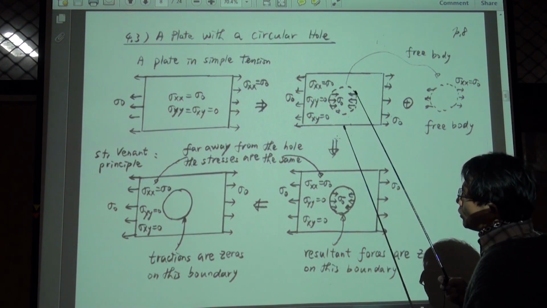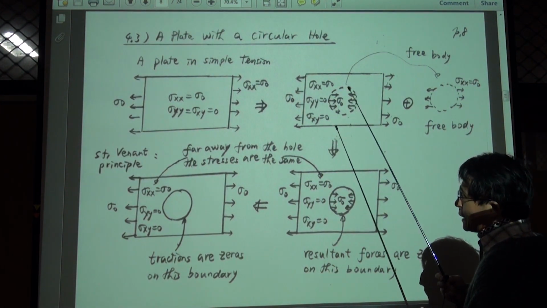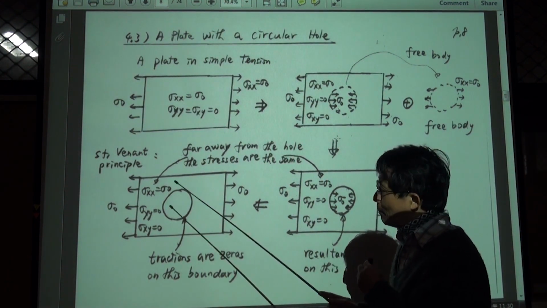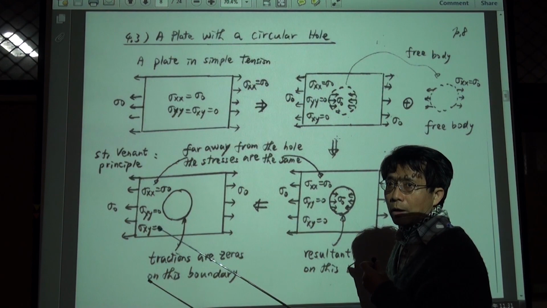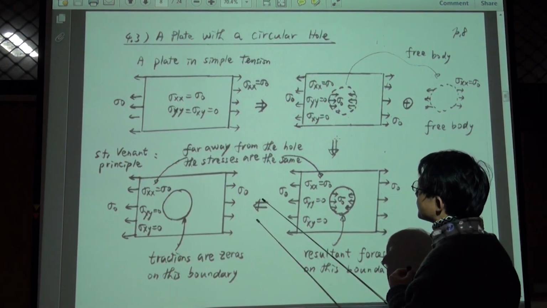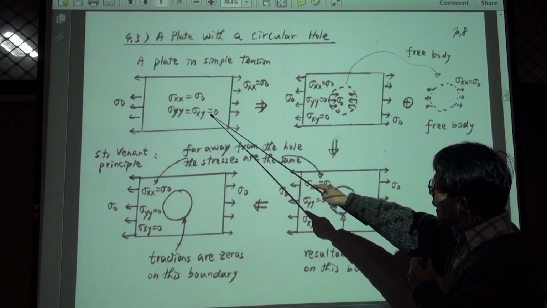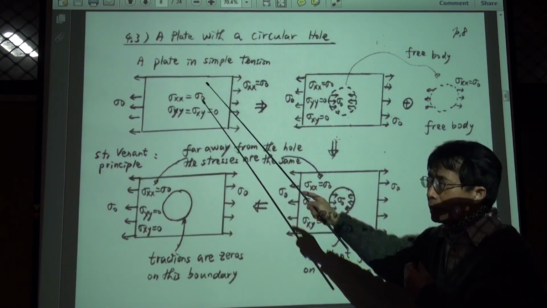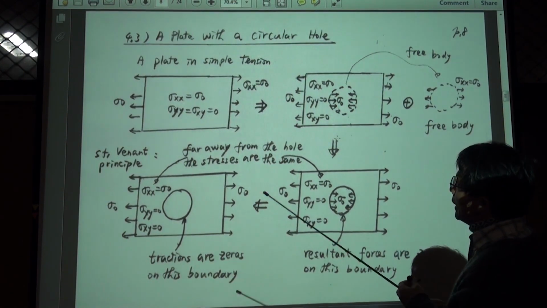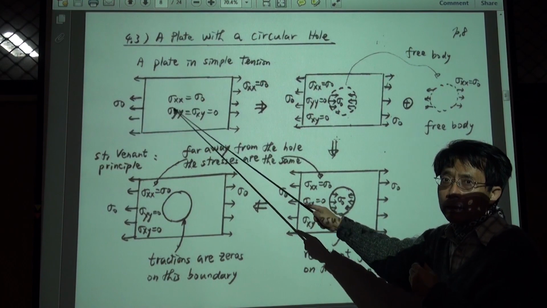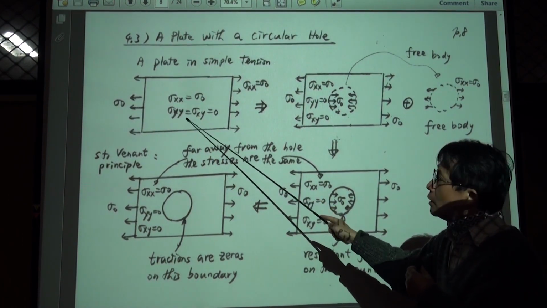Now, we want to use such kind of knowledge to help us to determine a part of the stress state in this plate. Now, here we cut a free body like this, a circular free body. Cut it out. In the middle of the plate, we cut out a free body.